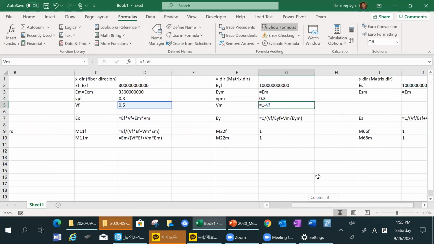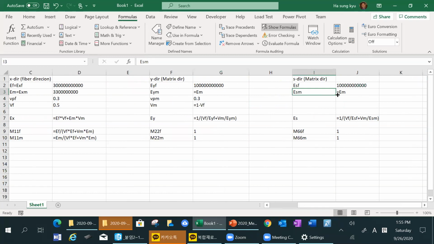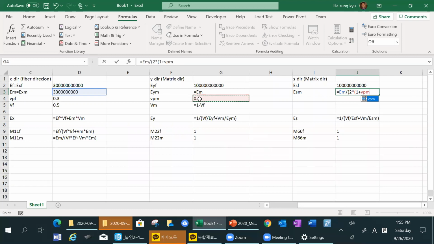Now the matrix shear modulus, since it's isotropic, you can say the matrix Young's modulus divided by what? 2 times 1 plus mu. That is this guy, Poisson's ratio.